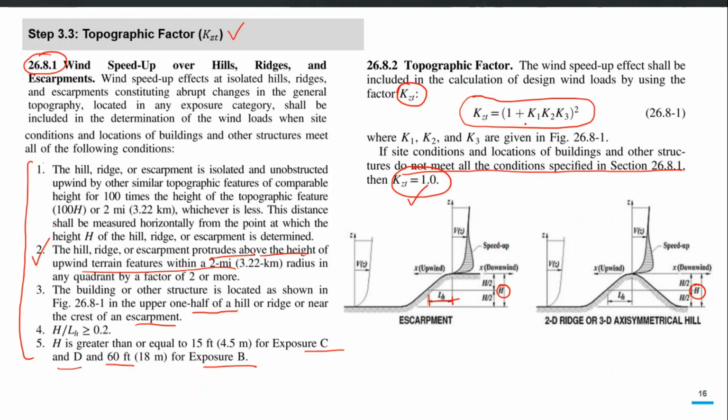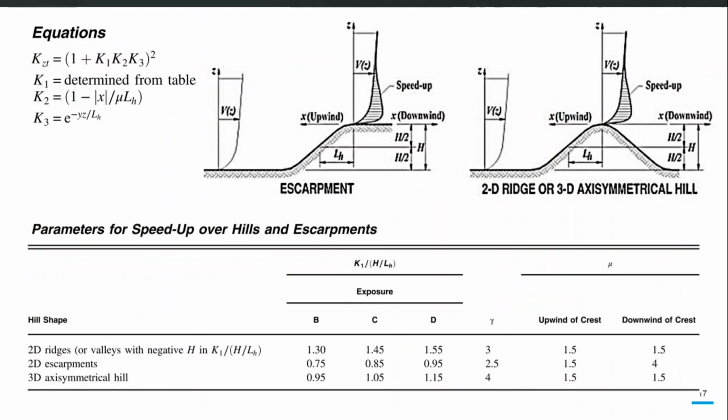Now K1, K2, K3 are the 3 coefficients which are required to calculate Kzt, and they are directly given using an equation and a table here. K1 is determined from this table directly at the bottom.